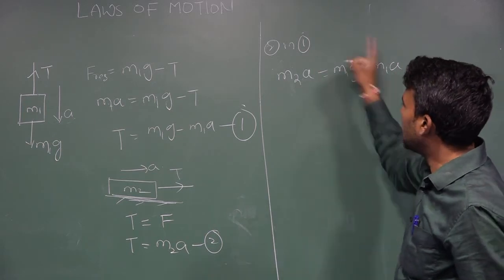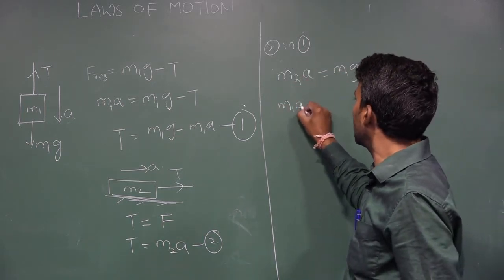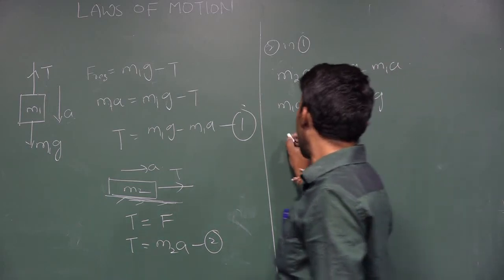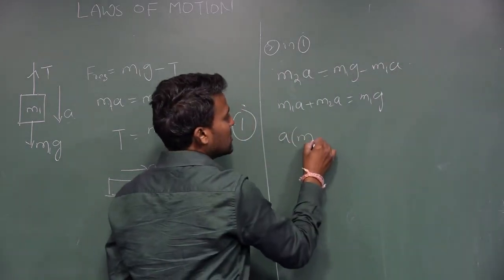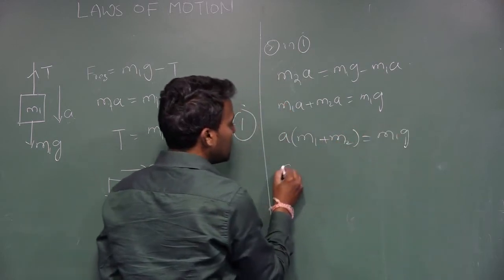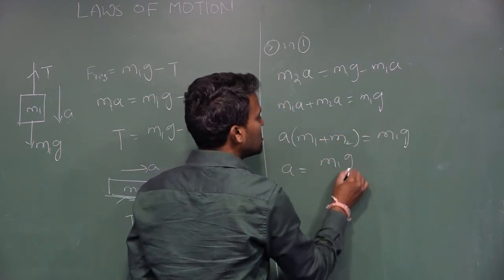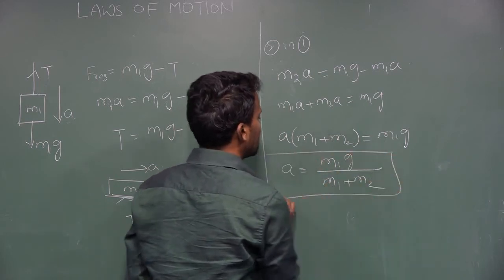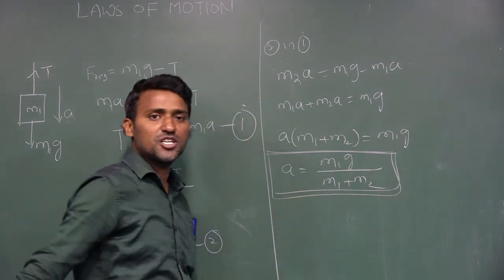Now I am taking this m1a to this side: m1a plus m2a equals m1g. What is the acceleration here? If you take a common, then a equals m1g whole divided by m1 plus m2. This is the acceleration of the blocks.